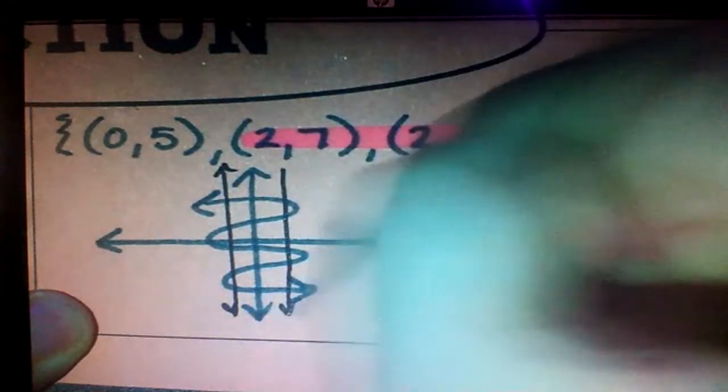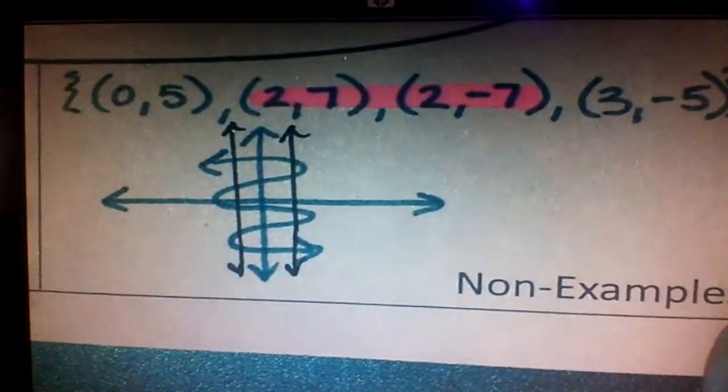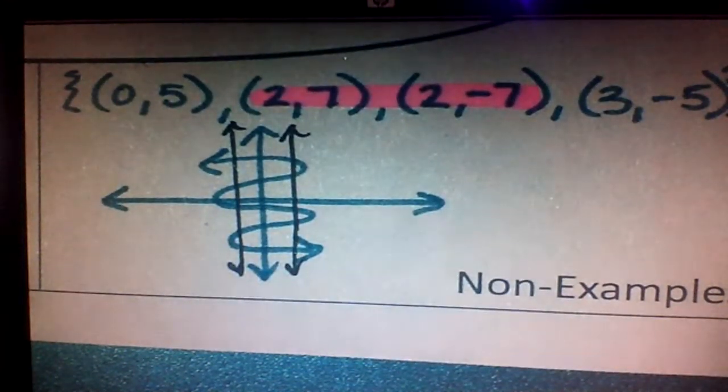It happens here. It happens in the middle. It happens right along the y-axis. Okay? So if I cannot draw a vertical line through my graph without it touching more than once, we're not a function.